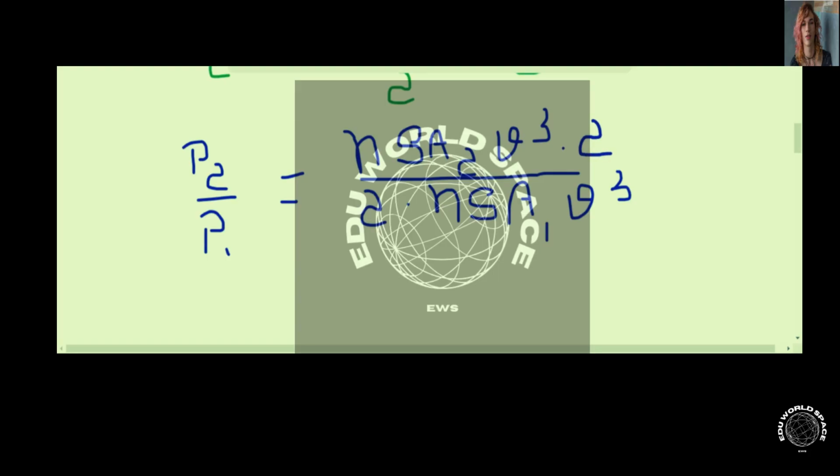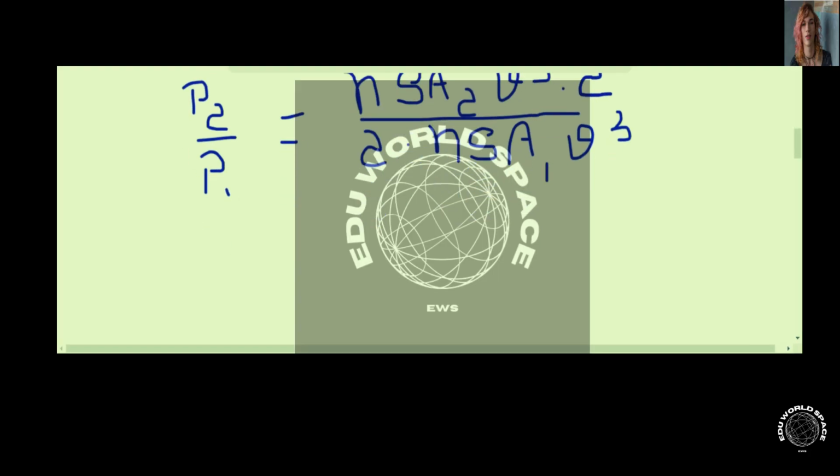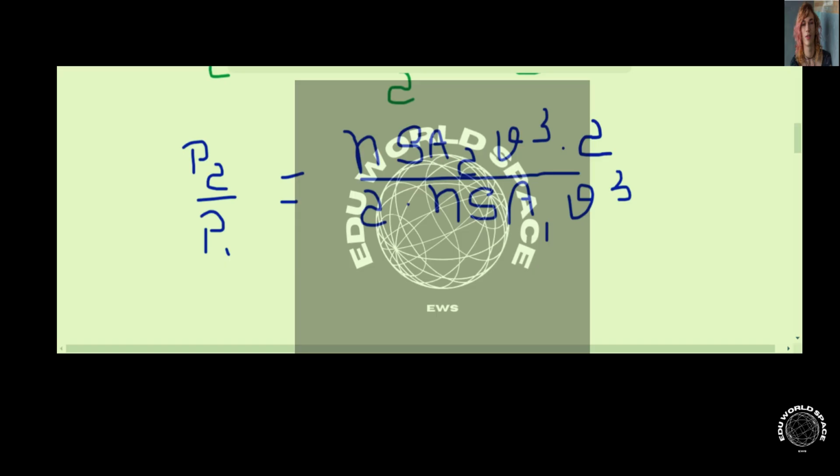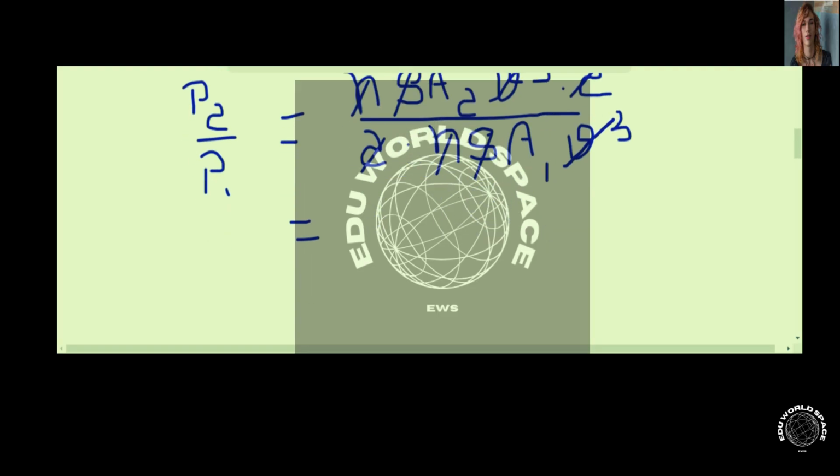By simplifying this one, since the efficiency is the same, that will be cut. 2 will be cut. The density will also cut. V cube is also the same, so this value will be cut. So finally I will have A2 upon A1.